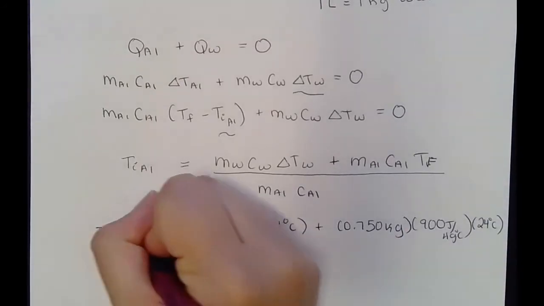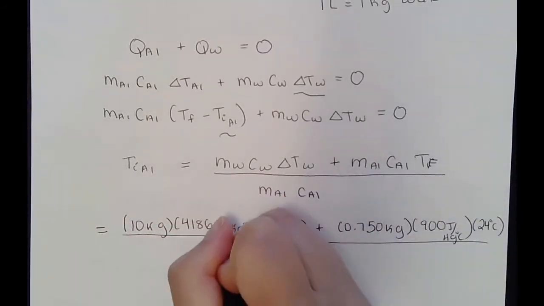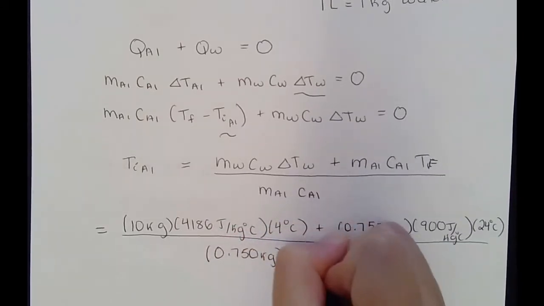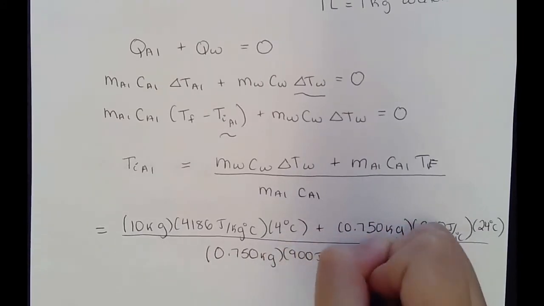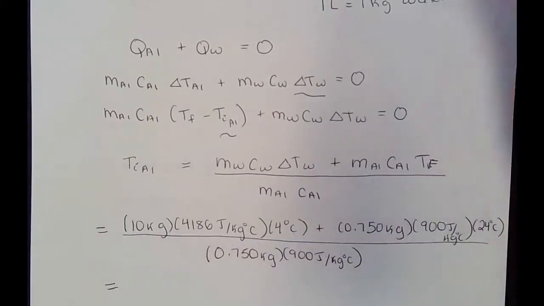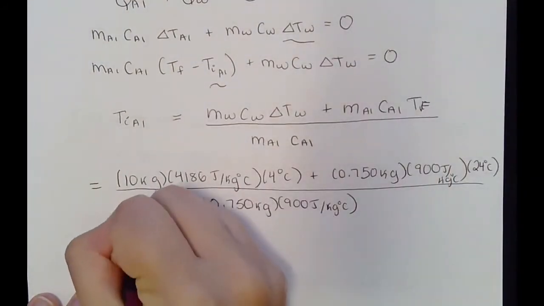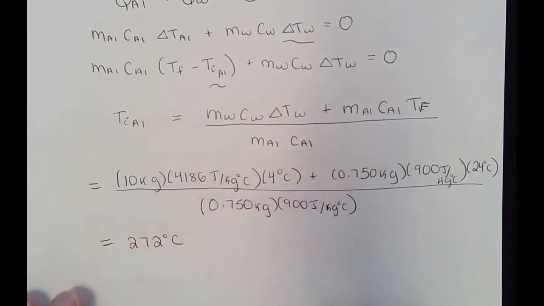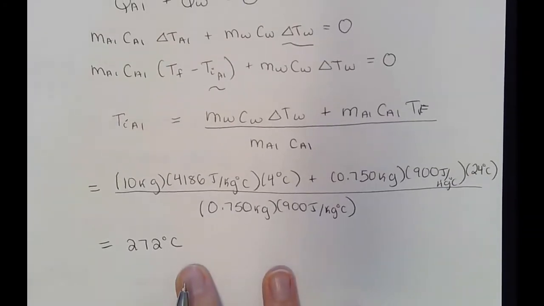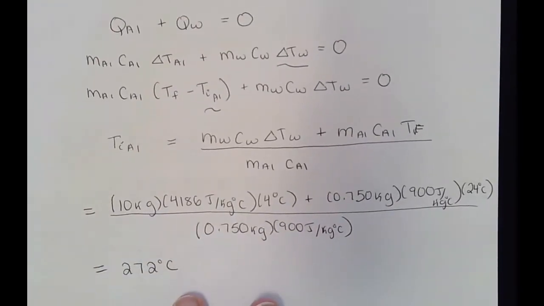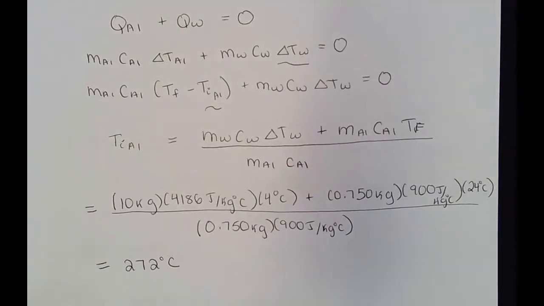All right, and divided by the mass of aluminum, so 0.75 kilograms times 900. Okay, and then calculating that, we get an initial temperature of 272 degrees Celsius for the pan. So it was fairly hot on the stove before it was plunged into this water. You can see that it actually takes a lot of energy to heat water. We had 10 liters of water, which is a lot, and it still only raised its temperature by 4 degrees.